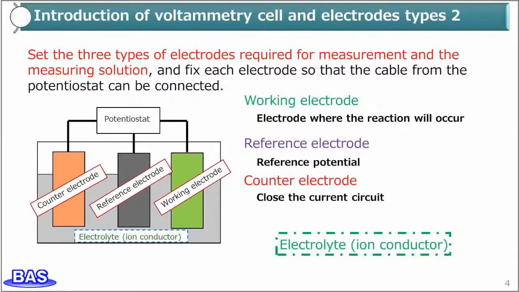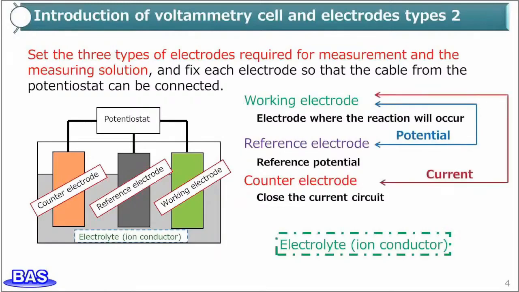The reference electrode is the electrode that serves as the reference for the electric potential, and the counter electrode is used to close the current circuit in the electrochemical cell. The potential is defined between the working electrode and the reference electrode, and the current flows between the working electrode and the counter electrode.